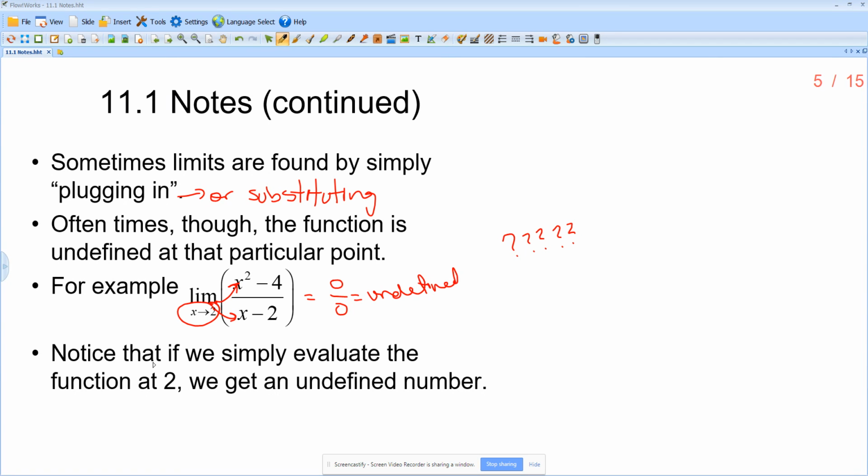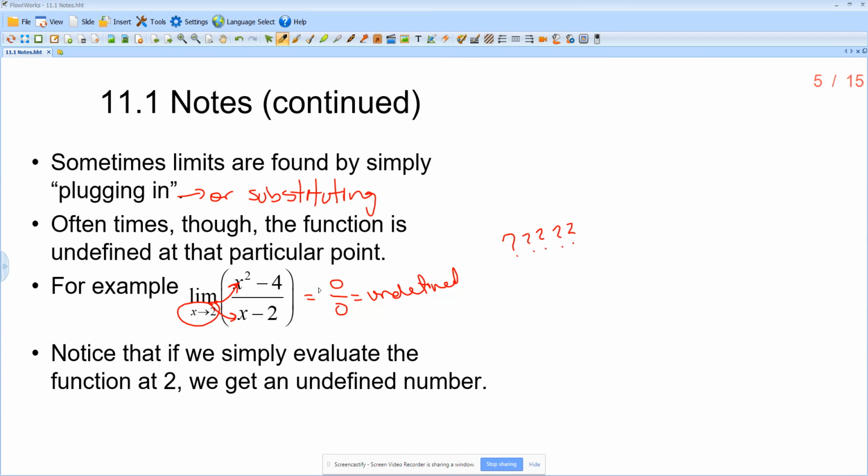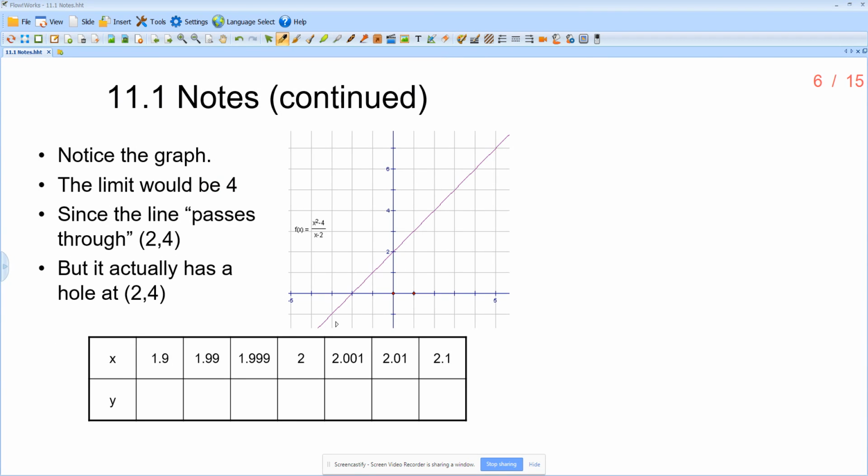So again, notice that if we evaluate this at 2, we get an undefined number. However, if we look at the graph of that, so if I were to just go into my graphing calculator, type in this function, I would get this equation. Here, f of x equals x squared minus 4 over x minus 2.